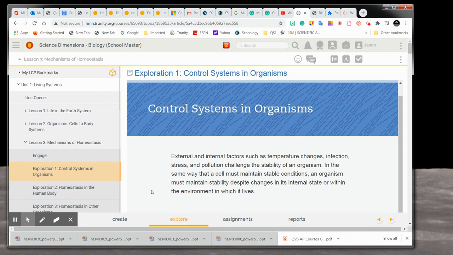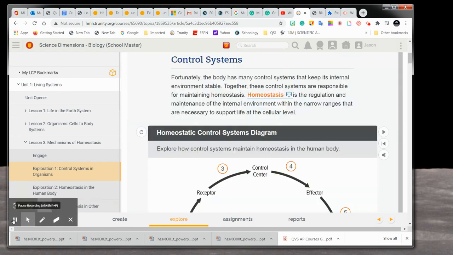All these factors can be affecting us in a wide variety of ways. Fortunately for us, we have lots of mechanisms that we've evolved over time to help us maintain and control our systems and maintain this homeostasis.